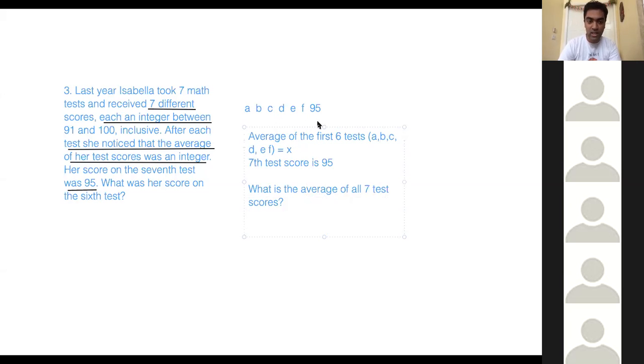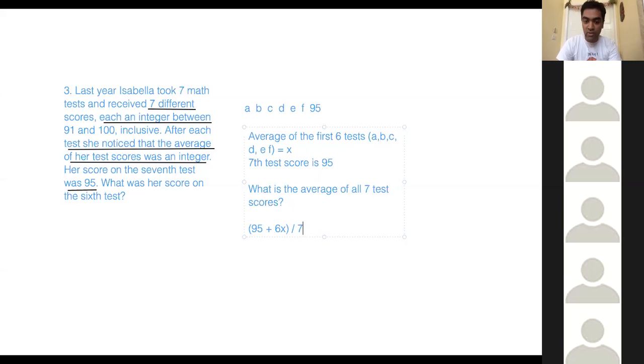And we know the 7th test was a 95. Good, I think 2 of you were saying it at the same time, but I think I got it. So 95 plus 6x, divided by 7, is the average of all 7 test scores.